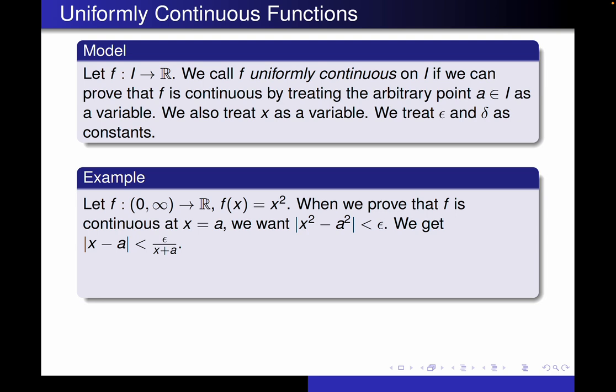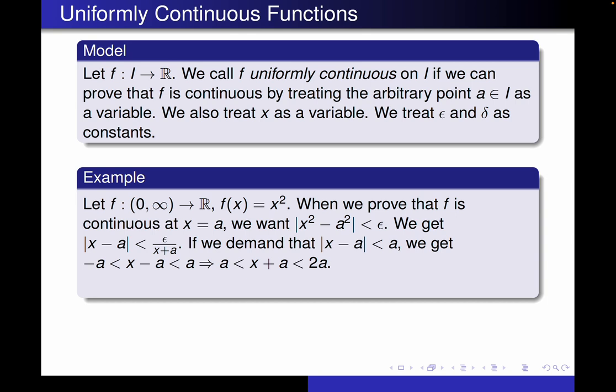X could change, but we needed things that were constant. So we went through a lot of work to say, okay, first we're going to have delta be no bigger than a, right? And so we solved our inequalities and got that x plus a was between a and 2a. And that helped us come up with a delta that was the minimum of a and epsilon over a. And those were appropriate possibilities for delta because a was a constant.